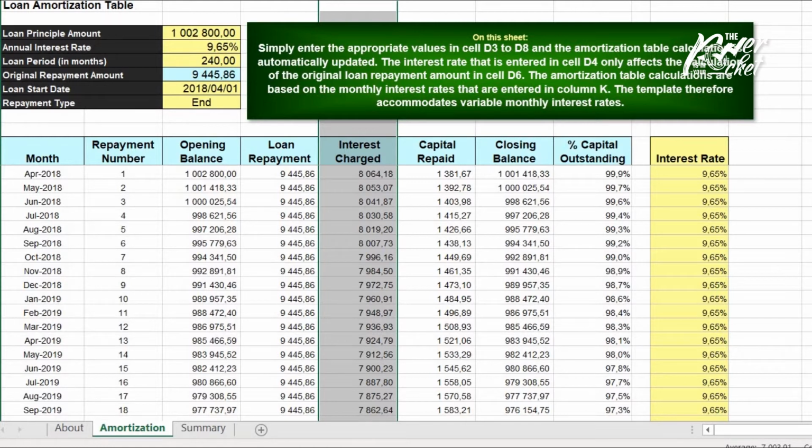Let me show you. The opening balance is that much. The loan repayment is calculated to be that much. This 9,445 and 86 cents is broken down. You can break it down into the interest paid and the capital amount paid.